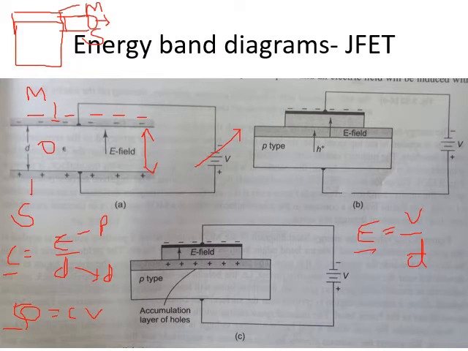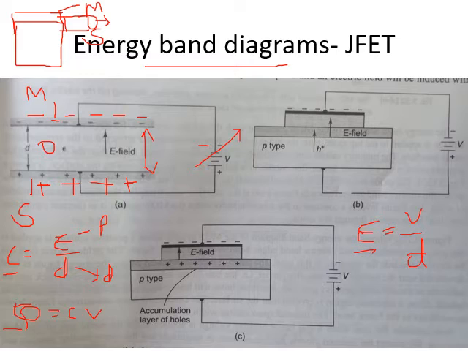Next, coming to the theory of the energy band diagram. Before energy band diagrams, let me tell you that when I give negative potential here, the negative charges will be developed on this plate, and on the other plate, obviously the positive charges will be developed. So here you are seeing positive and here negative.